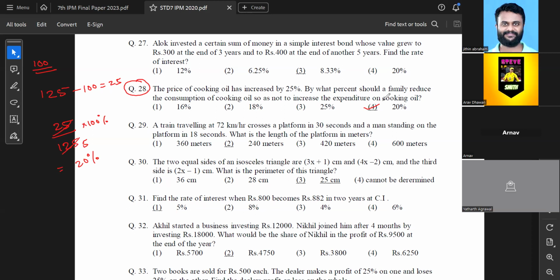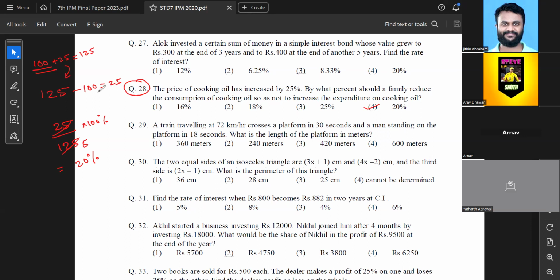So I will repeat the technique once again. Initially the value was 100. From 100 you wanted to increase by 25%, hence I added 25 to 100. That's how I got 125. And from this 125 they wish to come down to 100 again, so the difference is again 25 only.